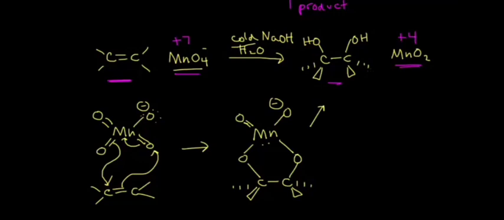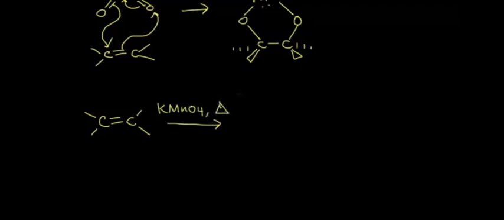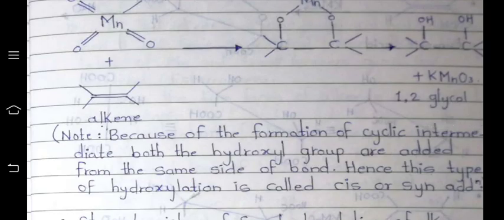So this OH is how the reaction proceeds. In this way we get the final product, that is the glycol.